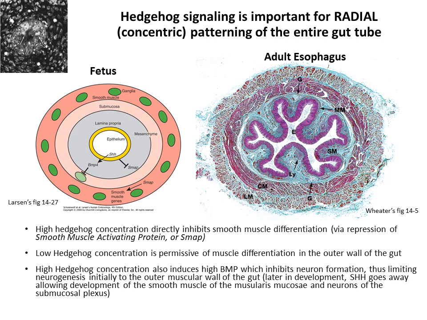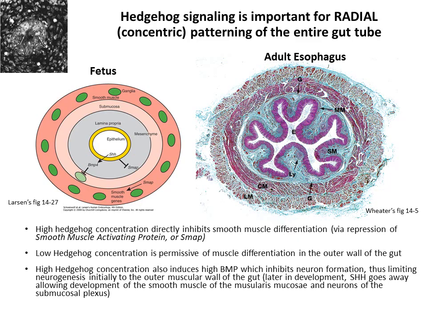Hedgehog signaling is important for radial patterning of the entire gut tube. A high hedgehog concentration directly inhibits smooth muscle differentiation, and low hedgehog concentration is permissive of muscle differentiation in the outer wall of the gut.